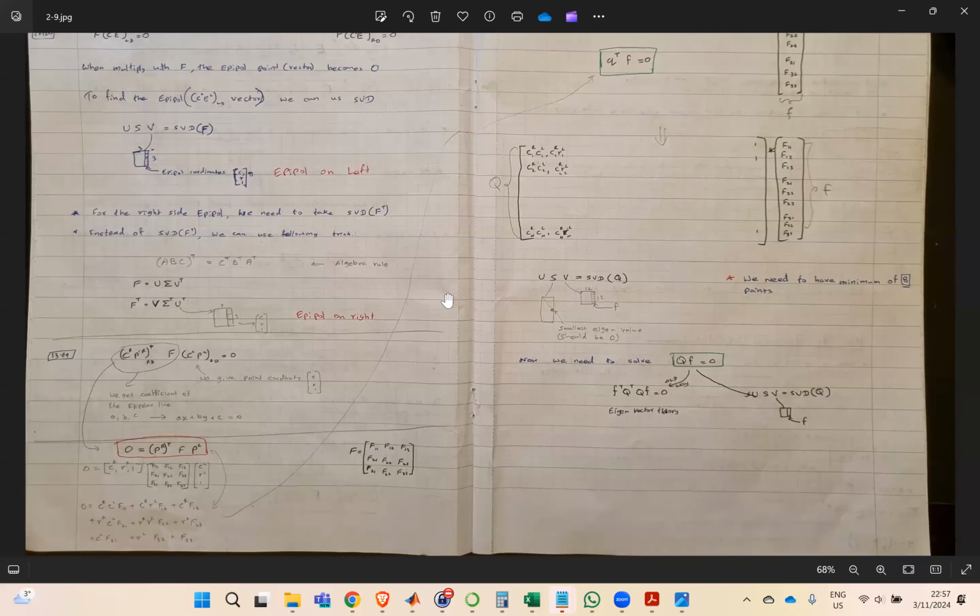One doubt is that we found E is the essential matrix, right? Yes, E is the essential matrix. And F is the fundamental matrix. I have one question. In the case of the fundamental matrix, what are the exact steps?